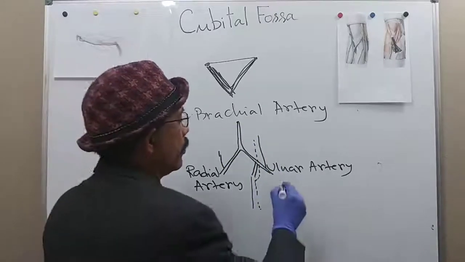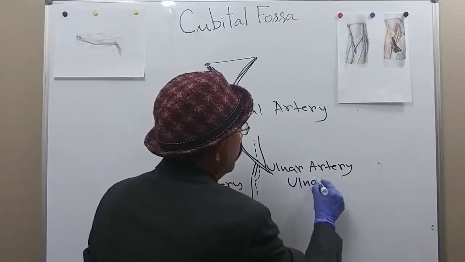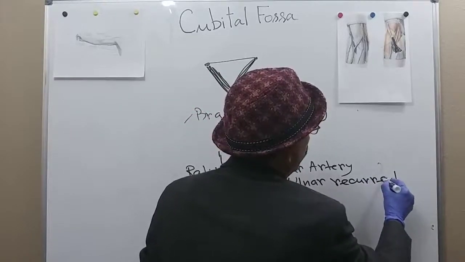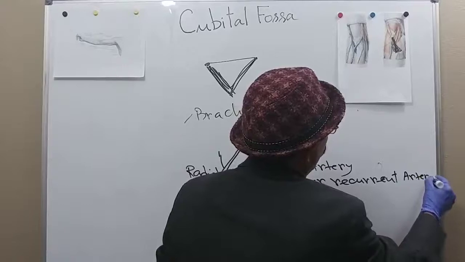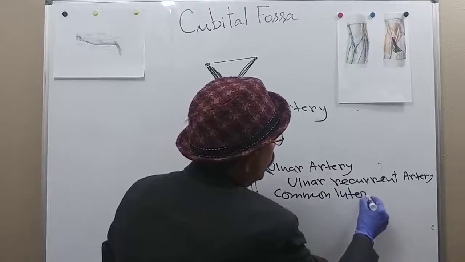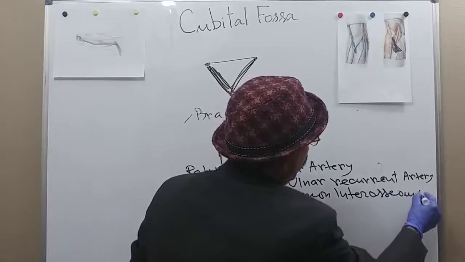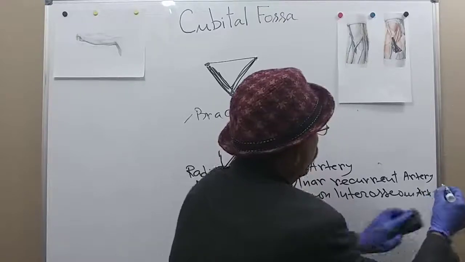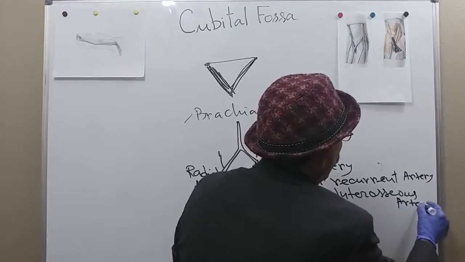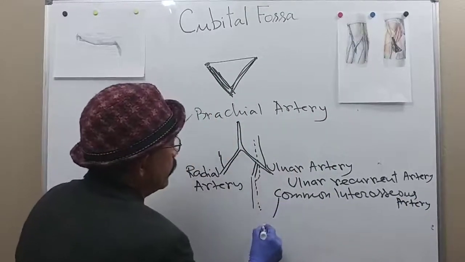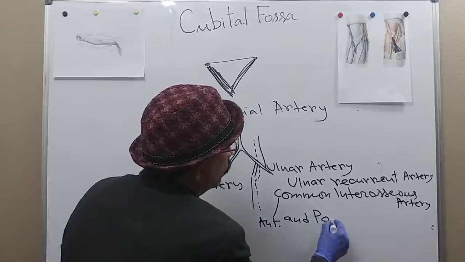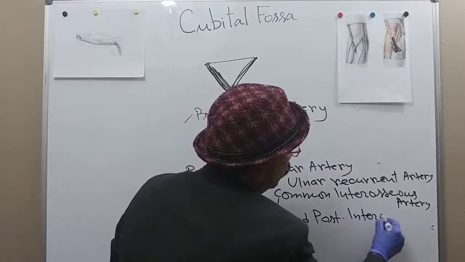So from ulnar artery we'll get ulnar recurrent artery, we'll get common interosseous artery. Okay. From common interosseous artery we get anterior and posterior interosseous artery.